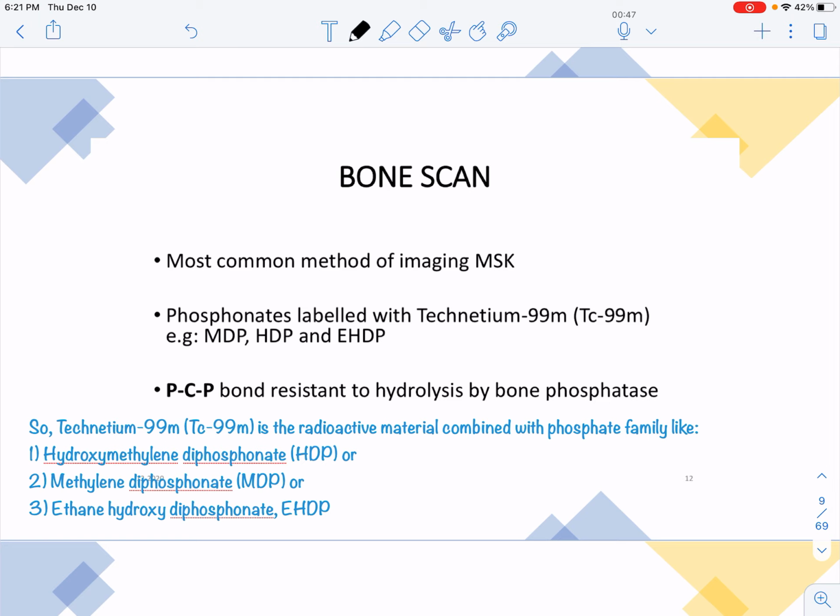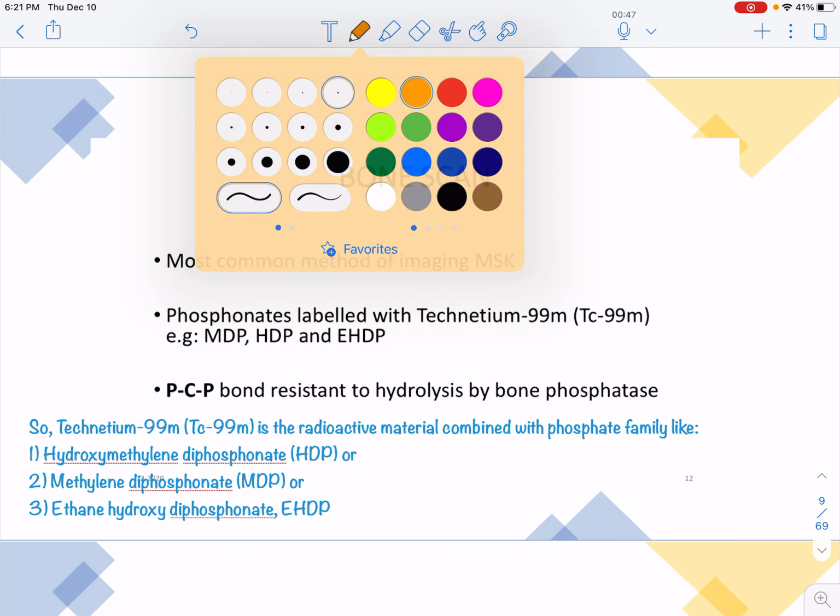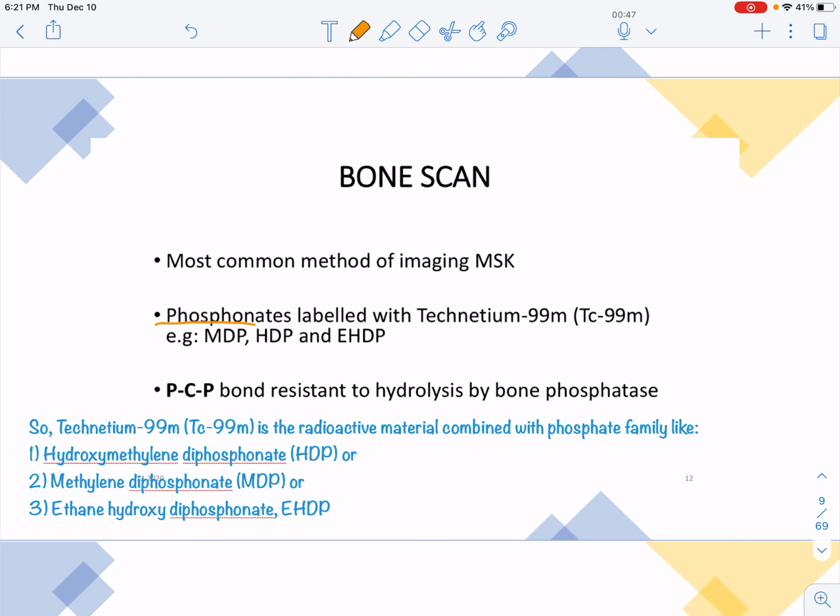Bone scan is so common in nuclear medicine, and also here remember when we talked already in the beginning that we tagged the technetium, which is the radioactive material, combined with the phosphate family, and this is the explanation for the abbreviation for each one. So we use مادة مشعة technetium مع phosphate family علشان احنا نبغاها تروح للبون.